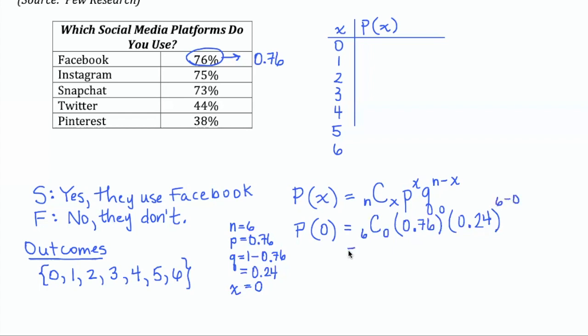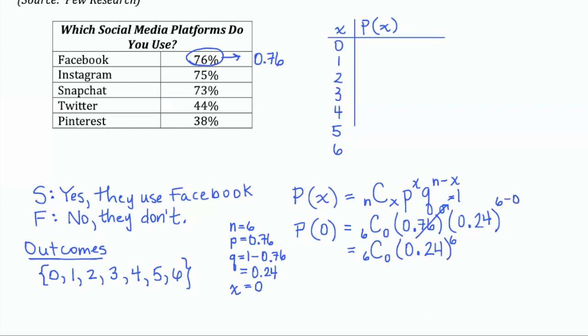And once I've done that, again, there's some simplification that can happen here. 0.76 to the 0 power, anything to the 0 power is going to equal 1. And 1 times these other two terms will just be the result of multiplying those other two terms. So now I've gotten it down to the point of just needing to calculate 6C0 and then times 0.24 to the 6th power.